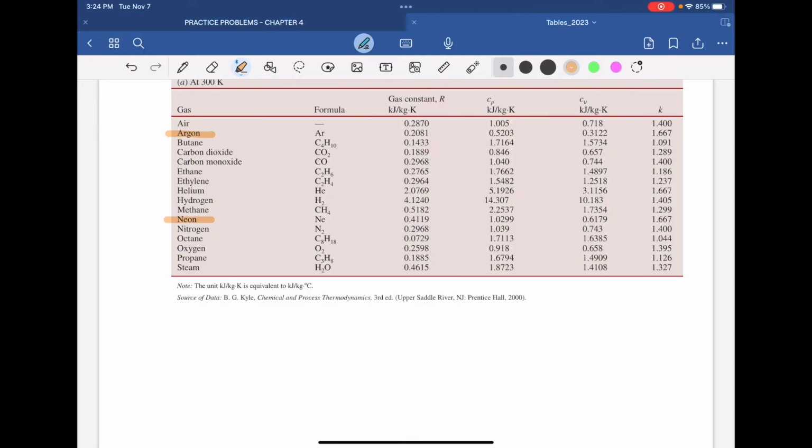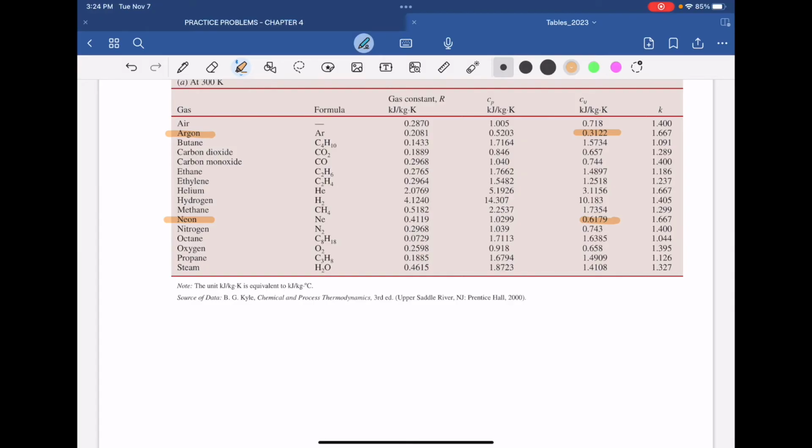And we need to read Cv because we are trying to calculate internal energy. And these are the values we can use for 300 Kelvin.